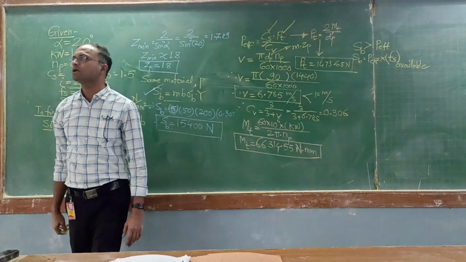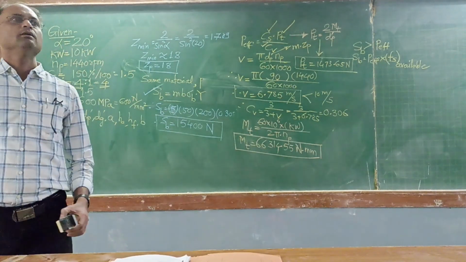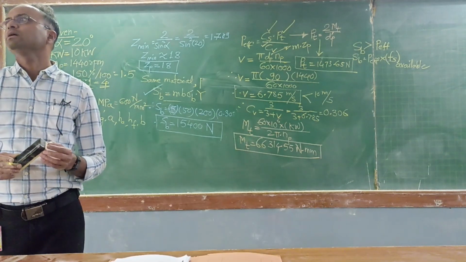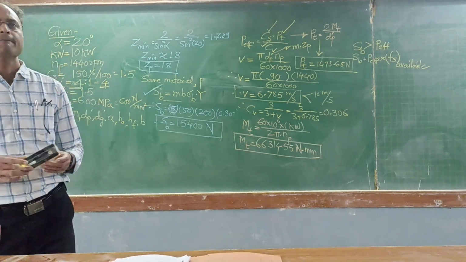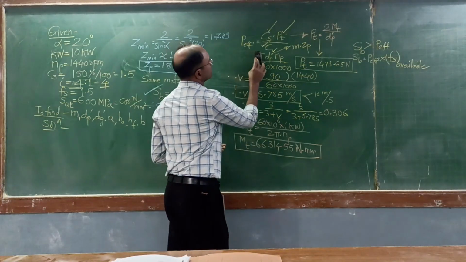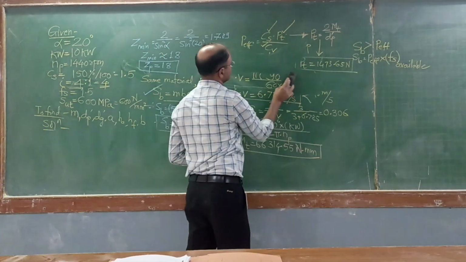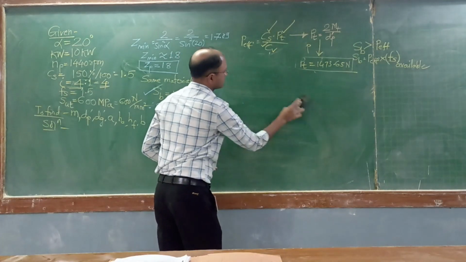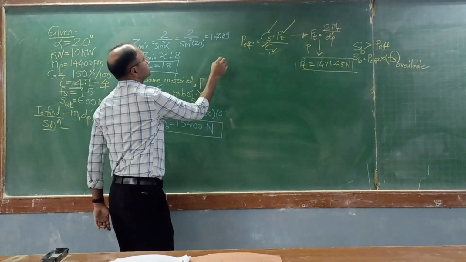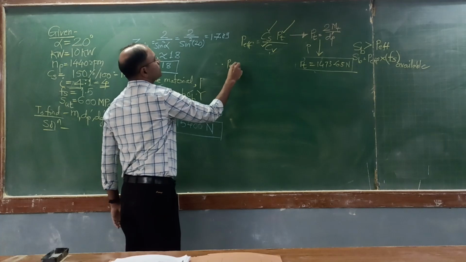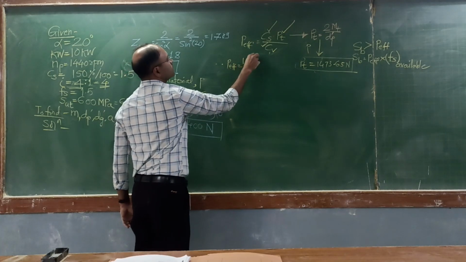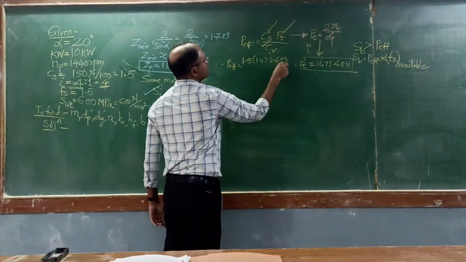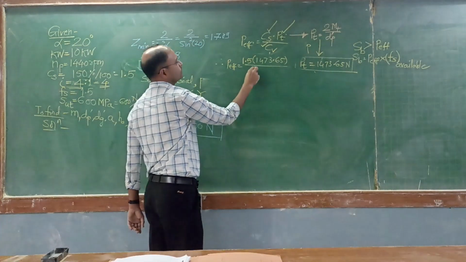Can you find out the effective load now? So next line, effective load. Therefore, P effective is equal to CS 1.5 times PT upon CD 0.306.